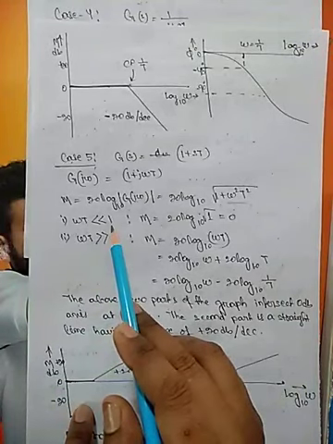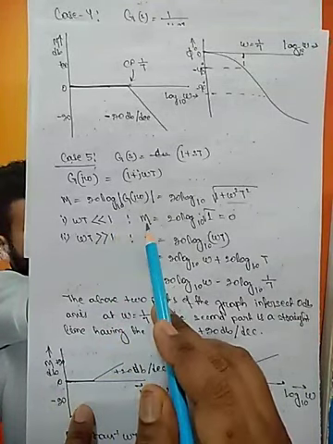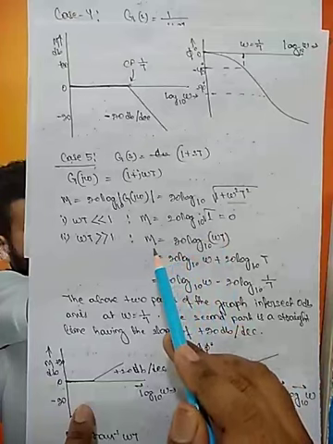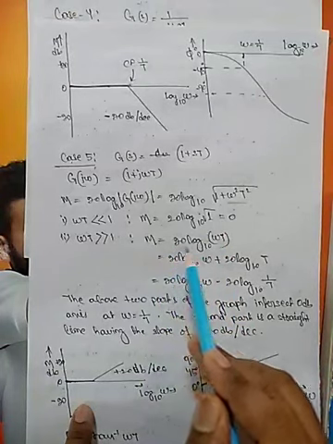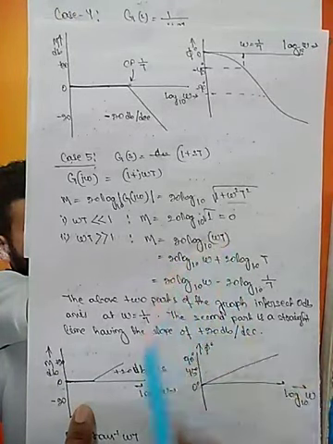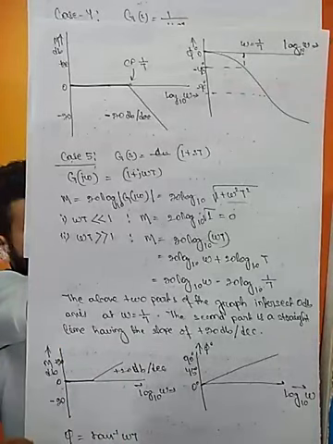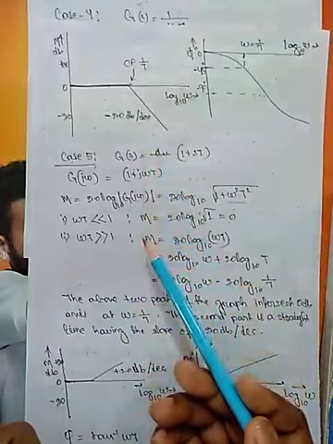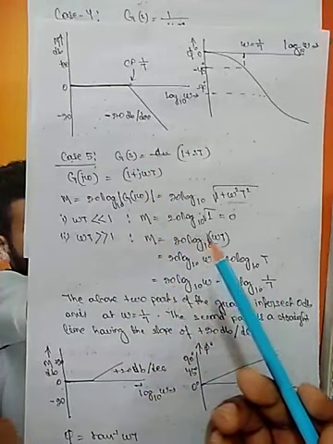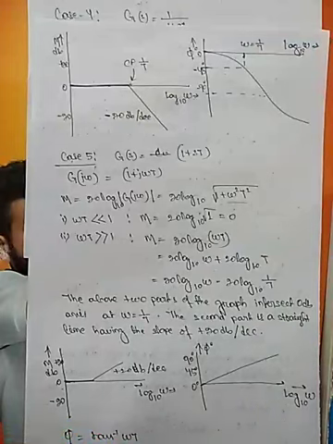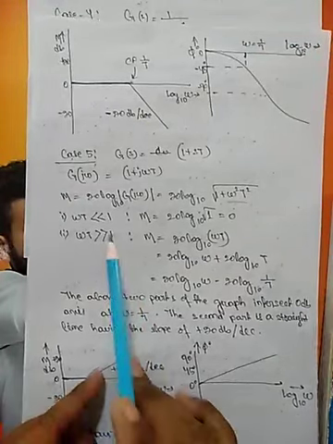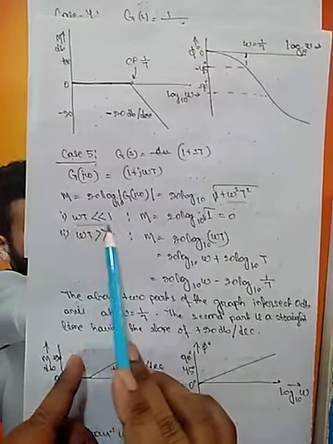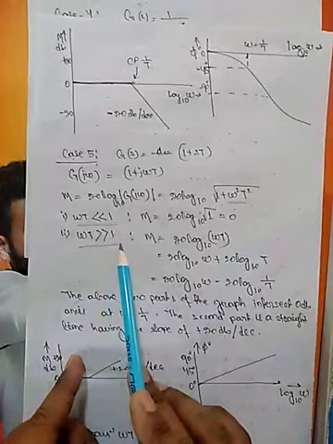When it is less than 1, magnitude is 0, and when greater than 1, magnitude is 20 log 10 omega T. So here also, like the simple pole, the simple zero magnitude versus frequency graph consists of two parts, for omega T less than 1 and greater than 1.